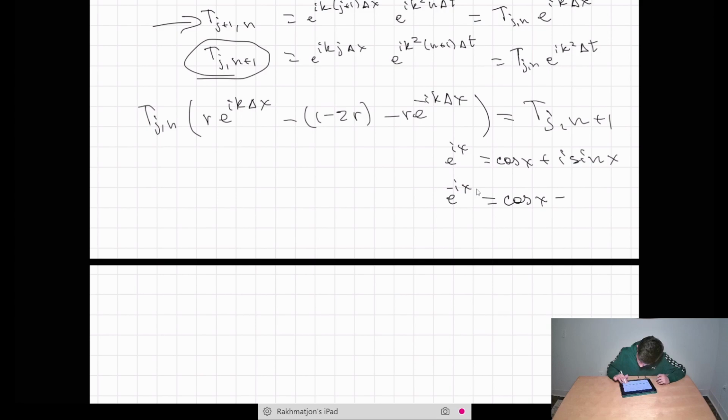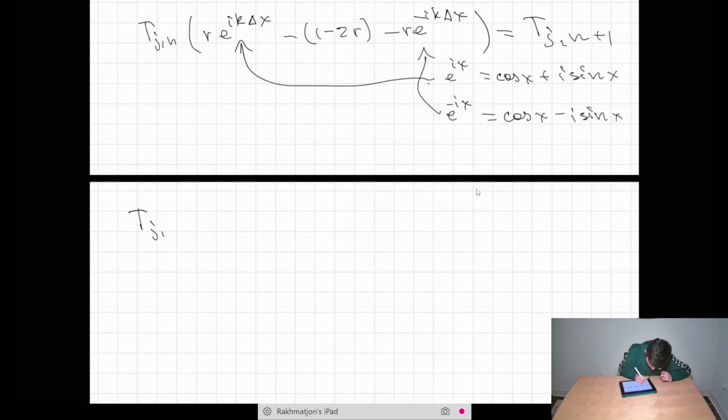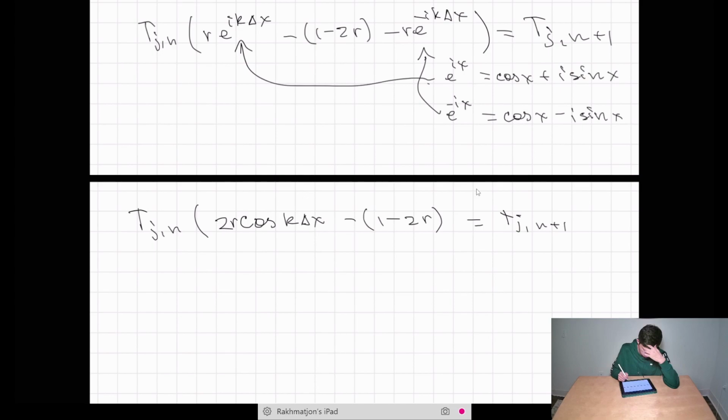If I use these in my equation, the sines are going to cancel each other out. I'm going to have 2 cosines, so T j n times (2r cosine of k delta x minus 1 minus 2r) is equal to T j at n plus 1.